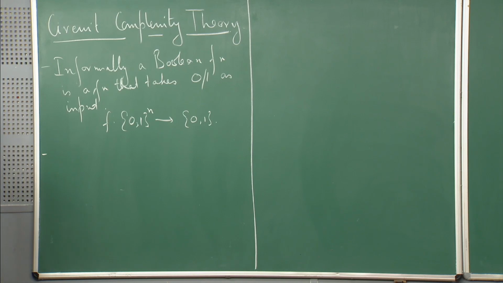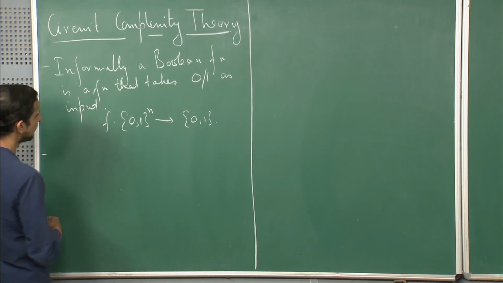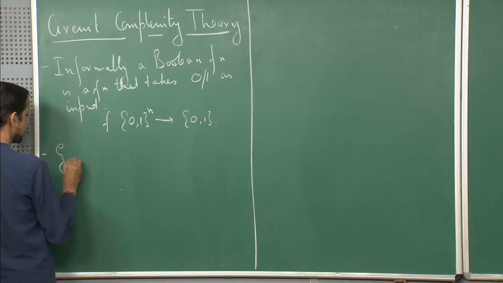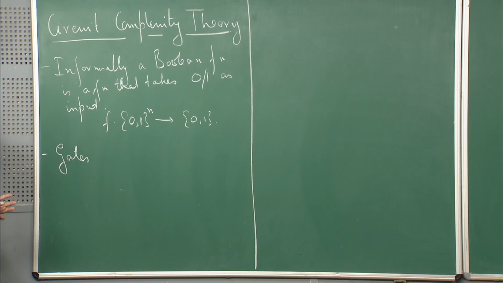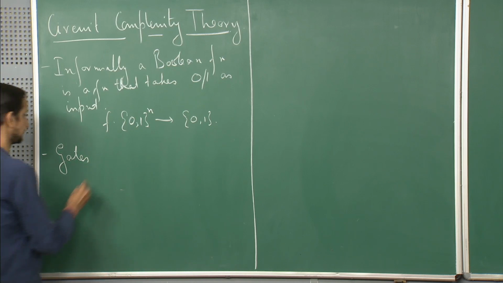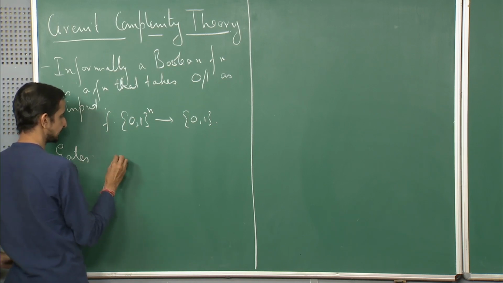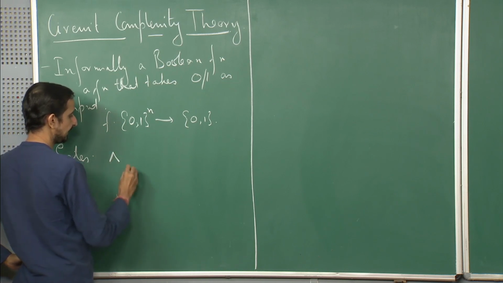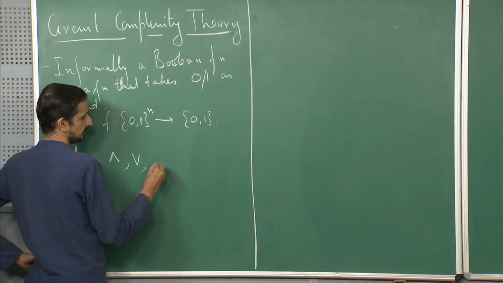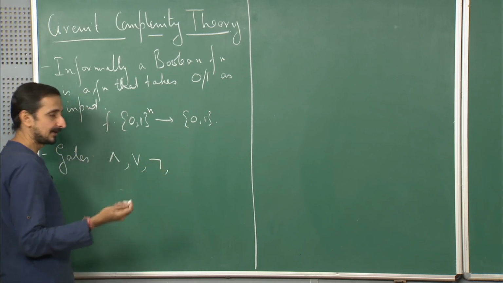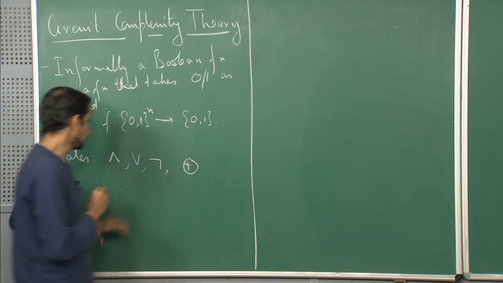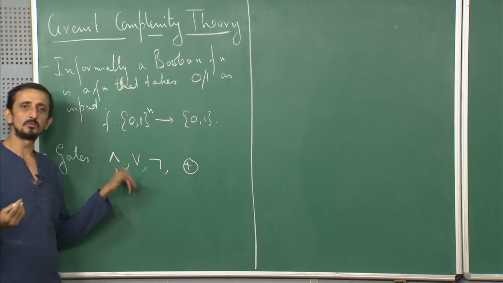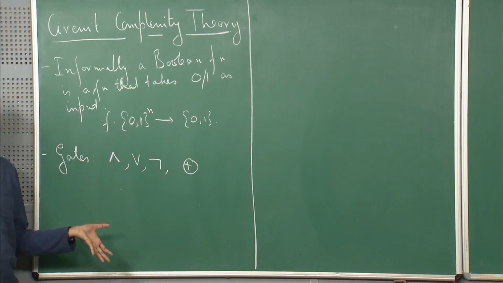Now next, what do we mean by gates? Gates are a type of Boolean function that compute a very specific thing. For example, we have gates like the AND gate, the OR gate, and the NOT gate. We can also have other types of gates such as the parity gate. The AND gate will output 1 if all of its inputs are 1.